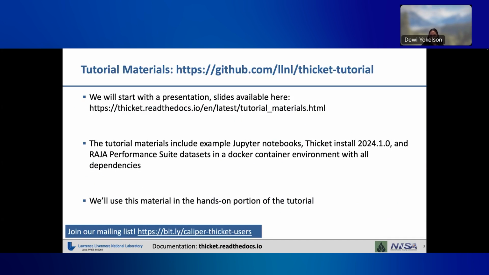We'll access it from that same document that we used for the Caliper tutorial. I'll go over how we can access that, but basically you'll click on the URL and do some things there. The tutorial will be Jupyter Notebooks that you just run and follow along, all in a containerized environment, with all the dependencies needed and some data so we can look at, analyze, and run.